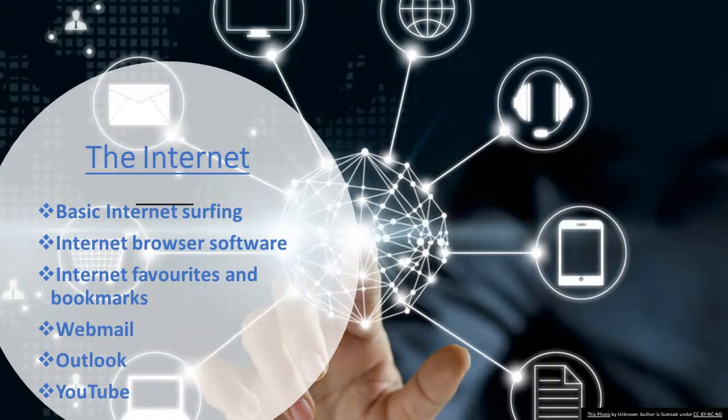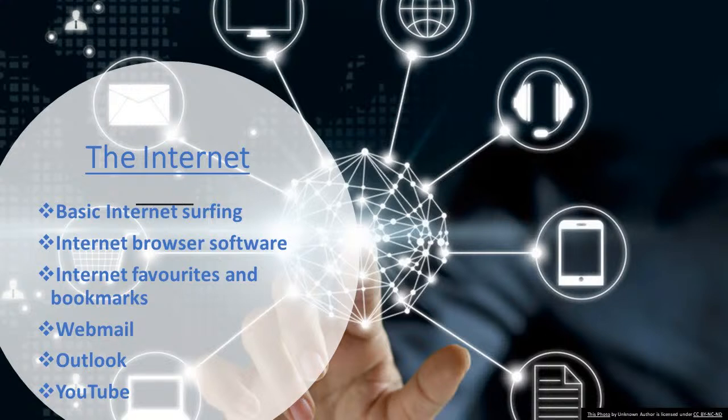The internet, in a nutshell, is a connection of various computers. When you connect computers together, you have something called a computer network. So the internet, in a nutshell, is a network of applications, files, and whatnot.